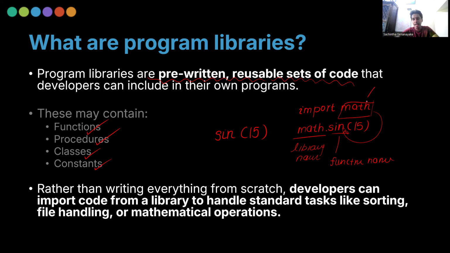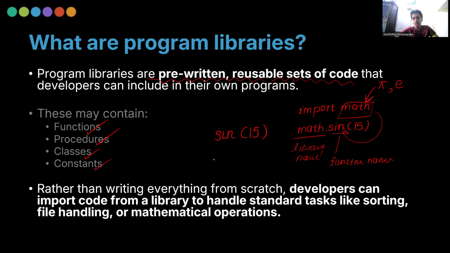In this case, the math library provides functions for sine, procedures for other functions that might be mathematically related. It provides classes for you to work with mathematical functions. It also provides constants like pi or e. It provides fairly accurate constants for you to directly use in your program without having to implement pi or create a constant for pi and e by yourself.